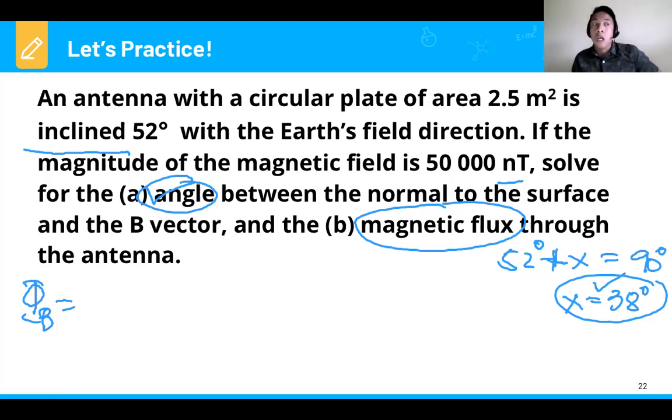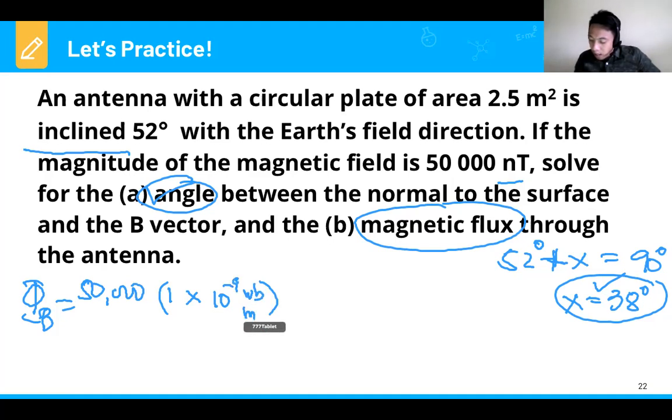So kanina, yung 1 nanotesla natin is equivalent to 1 by 10 raised to negative 9 Tesla. Correct? So I will multiply that one. So 50,000 multiplied by 1 by 10 raised to negative 9 Tesla. Okay? And I will change that Tesla into Wb over m squared. Ayan, para andun na lahat.